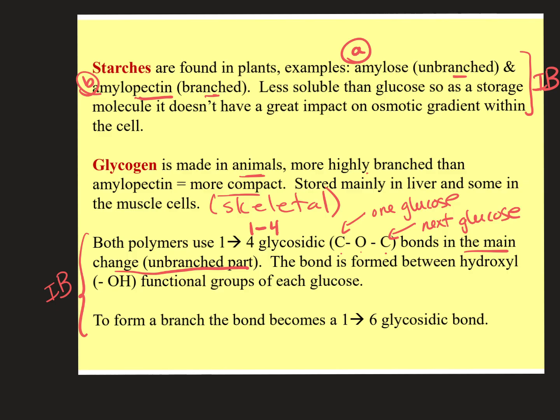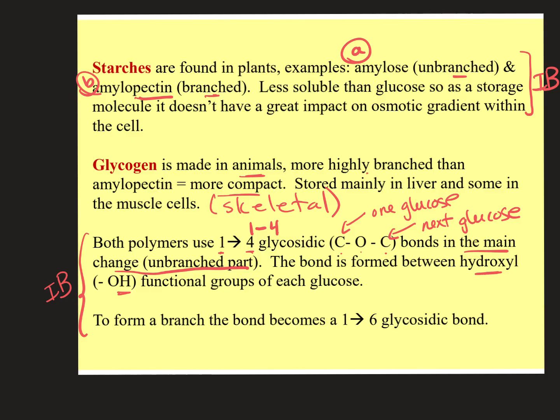So the bond is formed between, remember you have to know those functional groups, the hydroxyl, the OH group, of each glucose there. Okay, and remember that the 1 and the 4, that is from counting carbons. You can go back and look at how we talked about glucose, where we start with carbon number 1 and work our way around to carbon number 6.